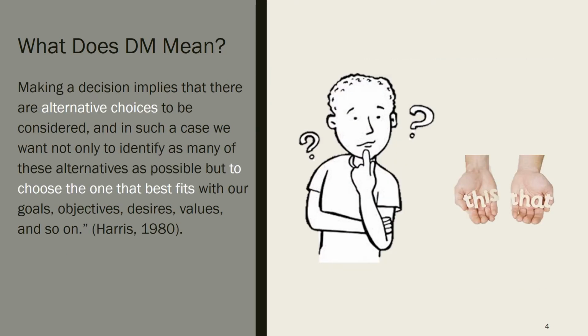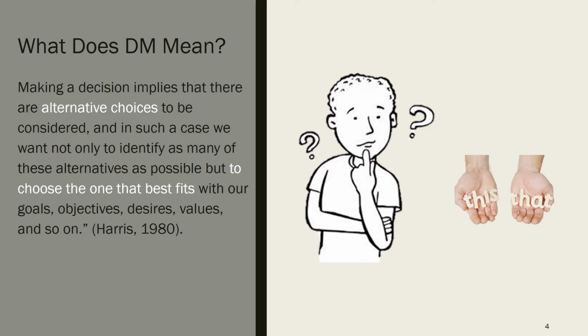So it's the idea of taking this or that, doing this or not, which in this case is do as an option and don't do or do nothing as a second option.